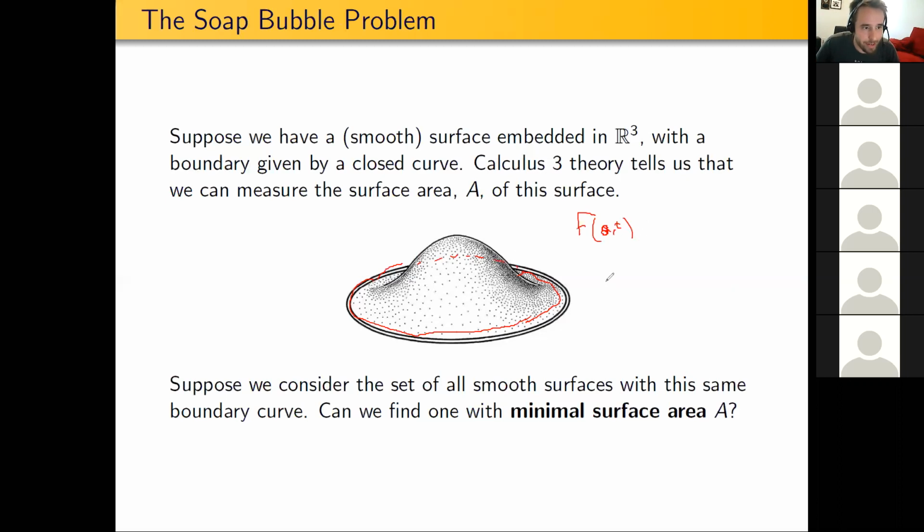And then the area of the surface f of s,t is a double integral over your s boundaries and over your t boundaries. You would take f sub s, take f sub t, cross them, take the norm, and integrate that over a double integral, with ds dt. We saw that in Calc 3.